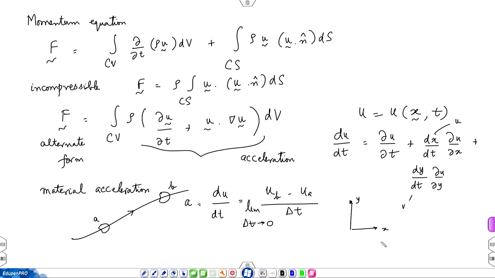The velocity component along x is given a symbol u, and the velocity component along the y direction is given a symbol v. Now, books tend to be as general as possible. So, they will also have a z direction. For the z direction they use w. So, u, v, w are the Cartesian components of the velocity vector.